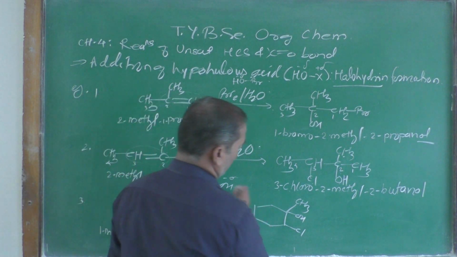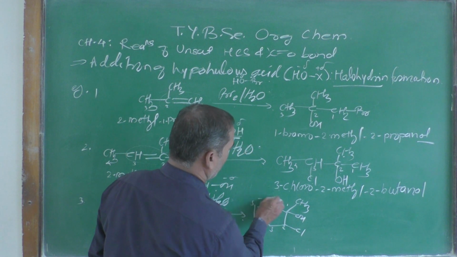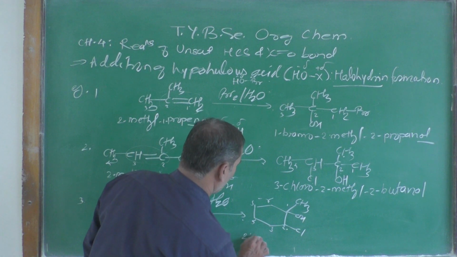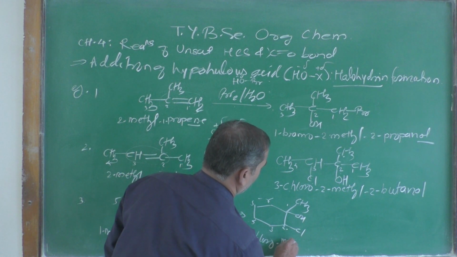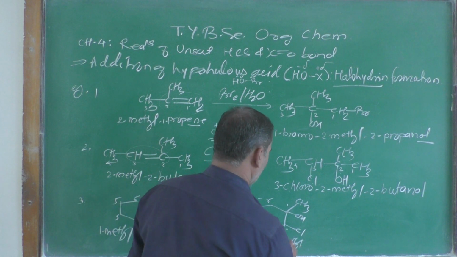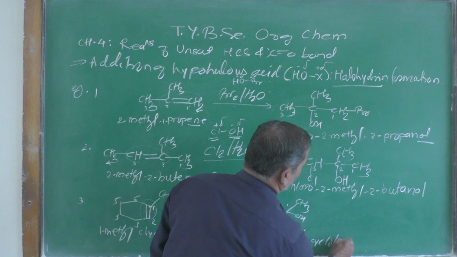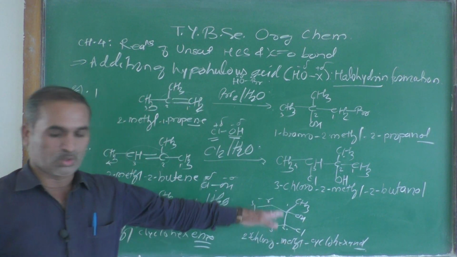And what is the correct IUPAC name of the product? Again 1, 2, 3, 4, 5 and 6. At 2 position a chlorine atom is there, therefore 2-chloro-1-methylcyclohexanol. The ol indicates that an alcohol group is there.